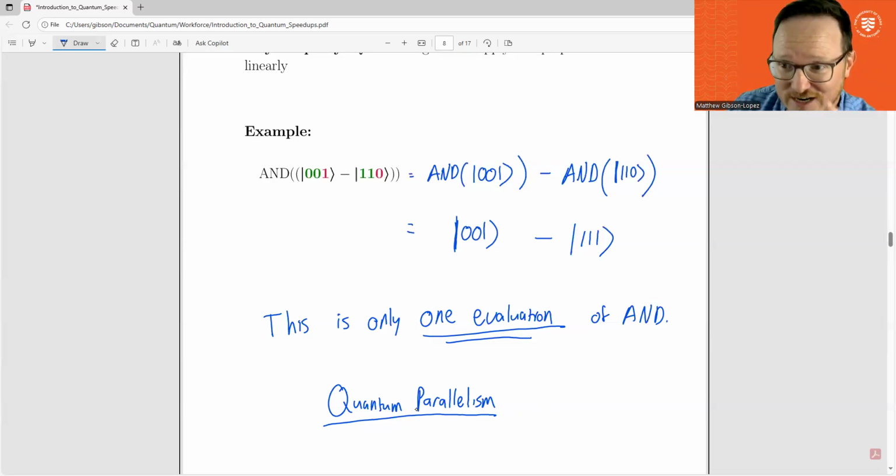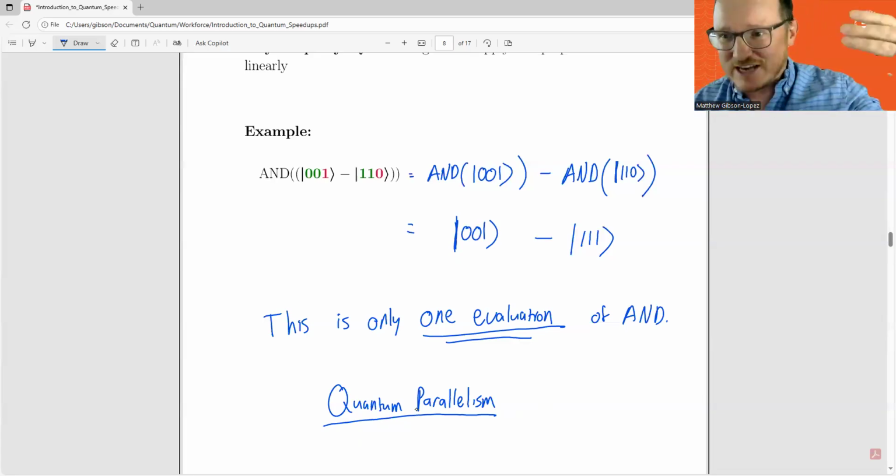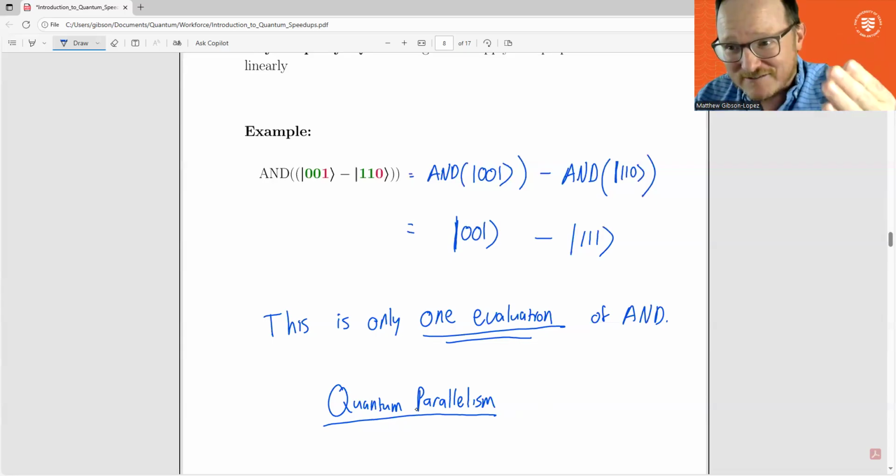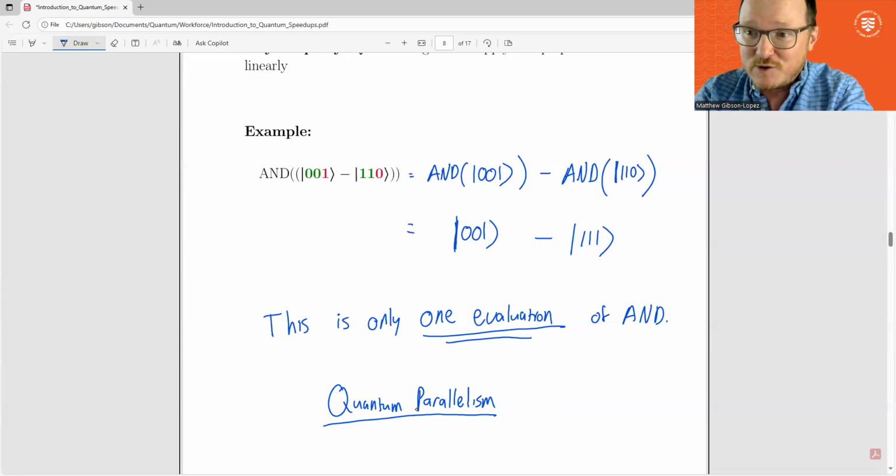So it sounds more exciting than it actually is because of the way measurement works, which again, I'm leaving some of these details out. But the reality is you can prepare a state that has all of these answers inside of the state, but when you go to open the box to reveal some information to you, you only get partial state information given to you, and then you destroy the rest of it, right?